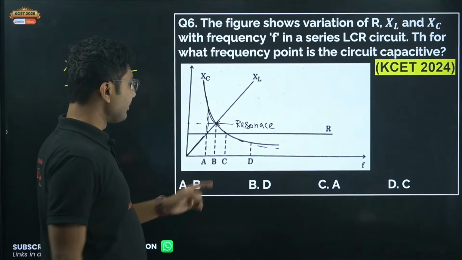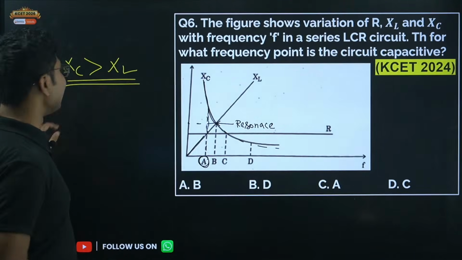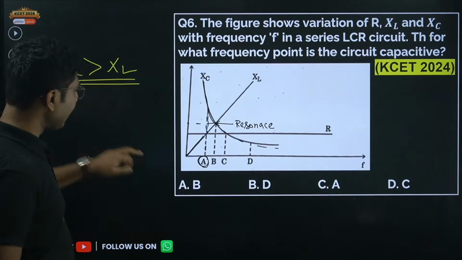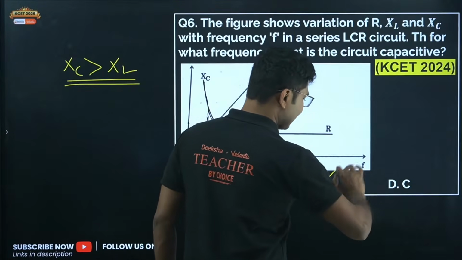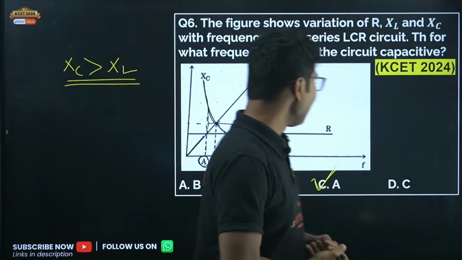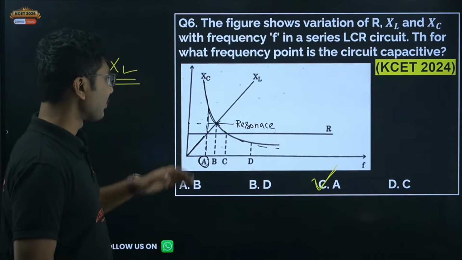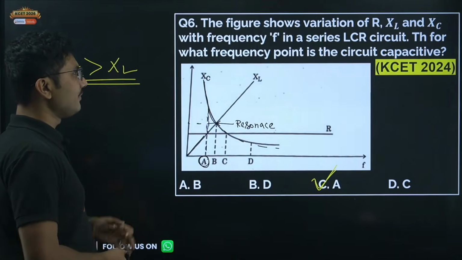So definitely we can see the point where the circuit is capacitive, but option A is not given in option A. So be careful and answer the option correctly. Yes, Anantha again answered correctly. So this is option C. Option C is the point where the circuit is capacitive in nature.